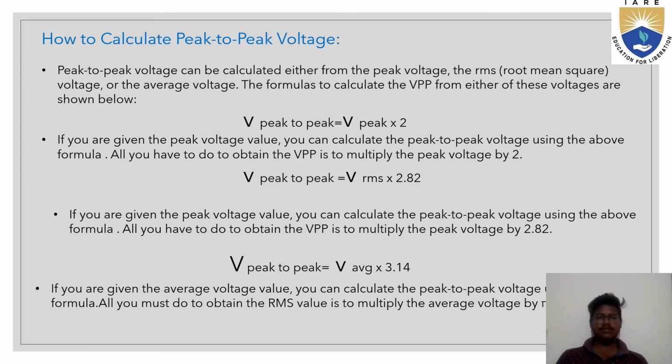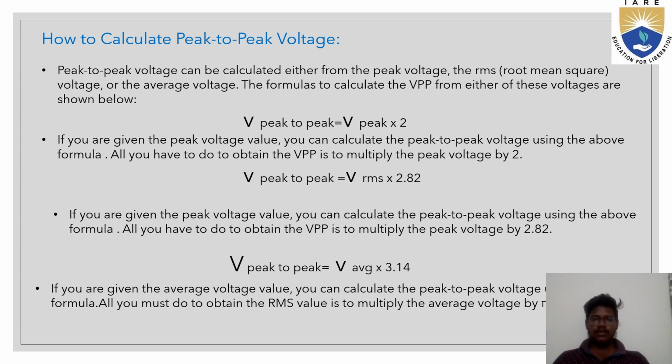Now we will see how to calculate the peak-to-peak voltage. Peak-to-peak voltage can be calculated either from the peak voltage, RMS voltage, or average voltage. The formulas to calculate the peak-to-peak value for these three are given below.